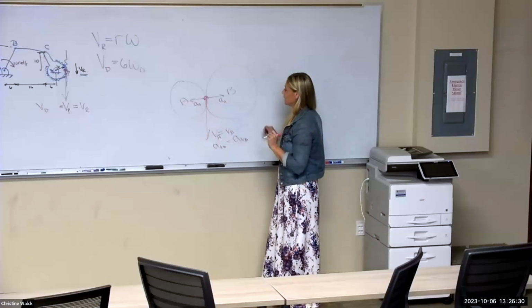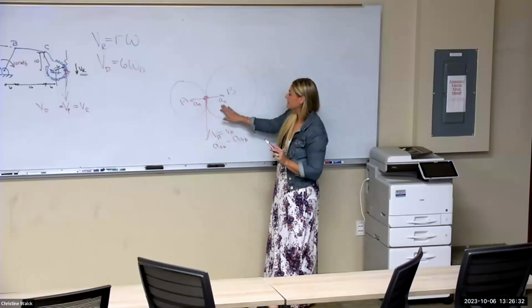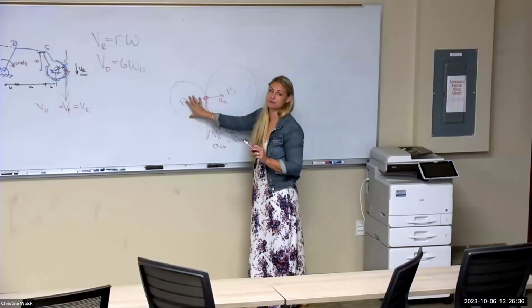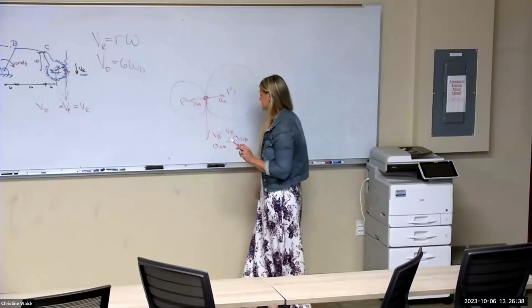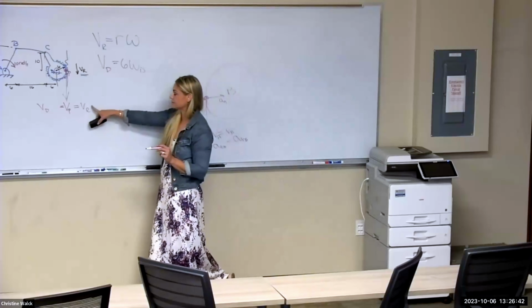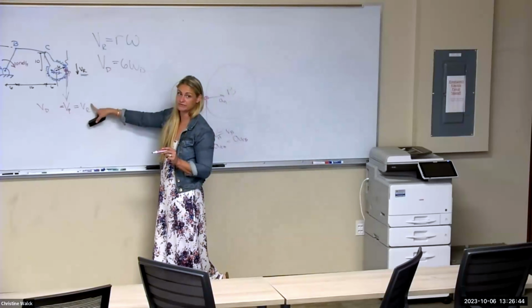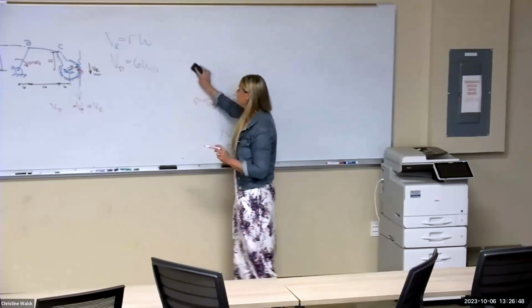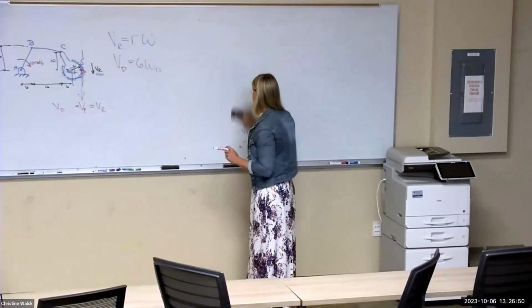No. They would be the same if their radius was the same, but since their radius is different, they will be different. So don't be confused on that. You can only say the velocity and the tangential acceleration will be the same at the point of contact.